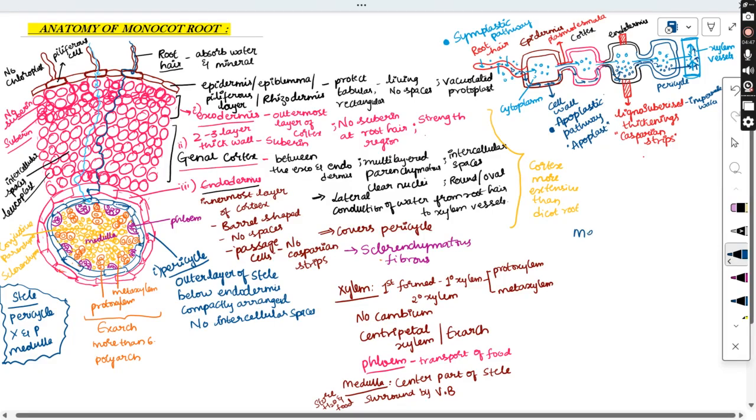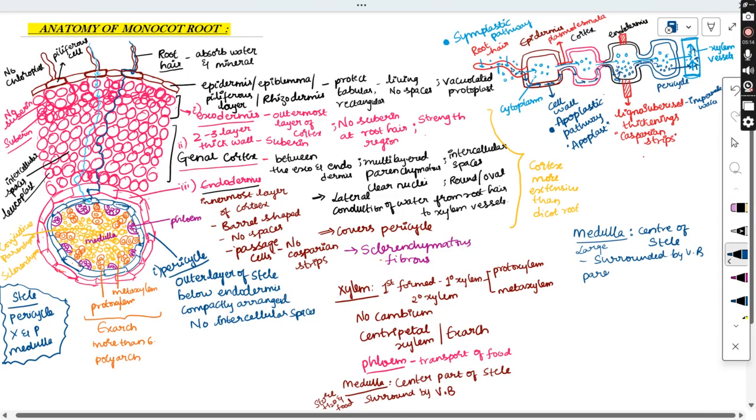I'll be writing here what type of region it is. The medulla here is the center part of the stele, and it is surrounded by the vascular bundle. Whenever the root is getting older, you can find a large central region called the medulla.